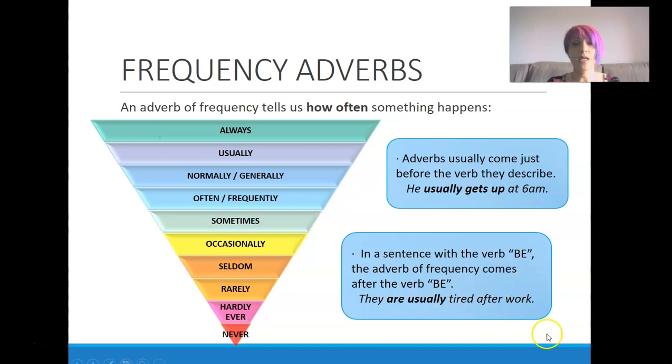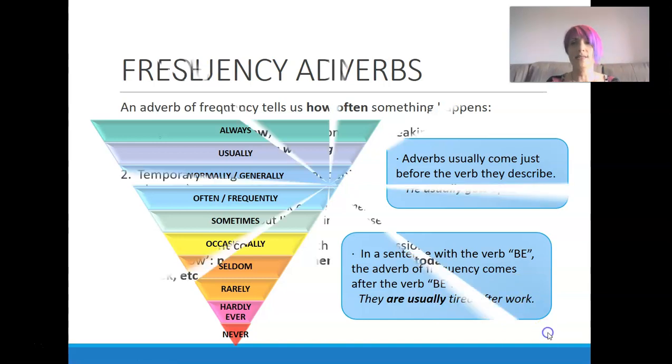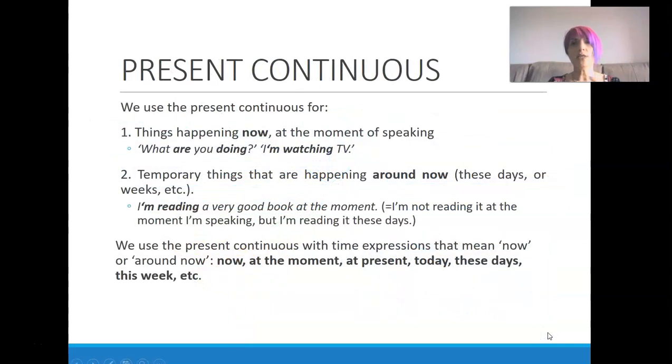Okay? Now, let's go for the present continuous. When do we use it? When we talk about things happening now, at the moment of speaking. For example, what are you doing? I'm watching TV. Or, what are you doing? I'm listening to the teacher. Right? And we also use the present continuous to talk about temporary things that are happening around now, these days.